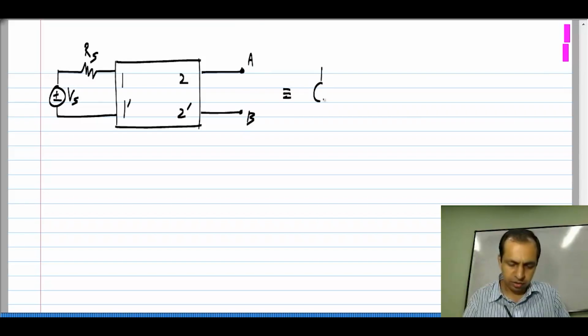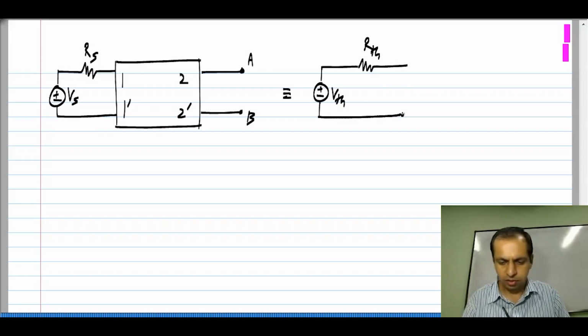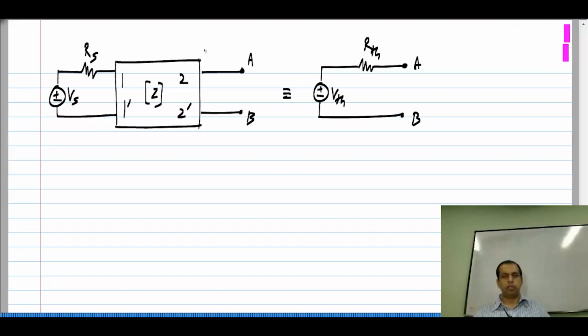That is, we need to find the Thevenin voltage and the Thevenin resistance between A and B, and that also can be done in terms of the 2-port parameters. So, in this case let me assume that the 2-port is described by Z parameters instead of Y parameters.